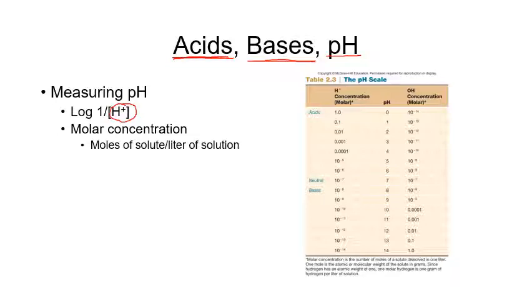When a solution is acidic, even though the concentration of hydrogen ions is more, because we measure pH as 1 over the concentration, it is the denominator. So when this number goes higher, then the pH goes lower. The logarithm just means that each change in number in pH means a tenfold decrease or increase in these hydrogen ions.